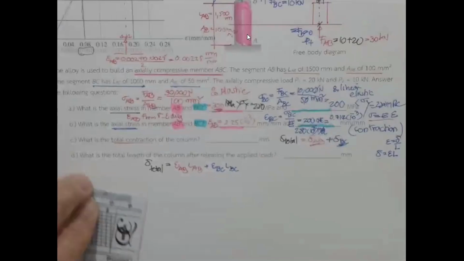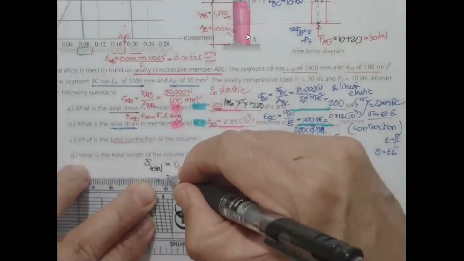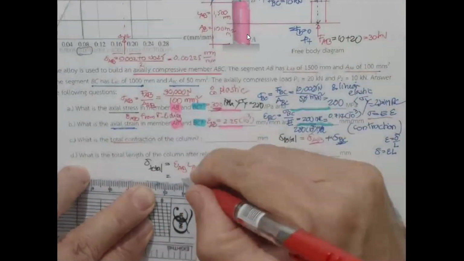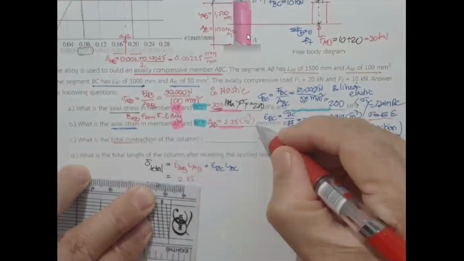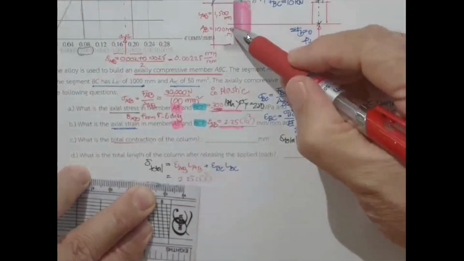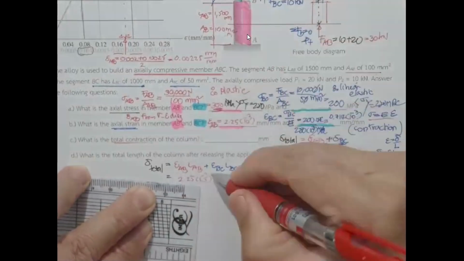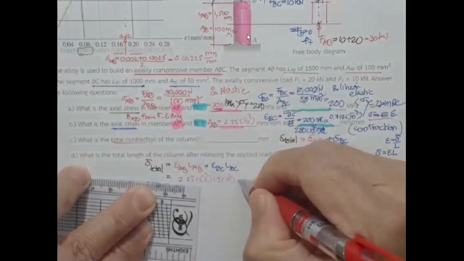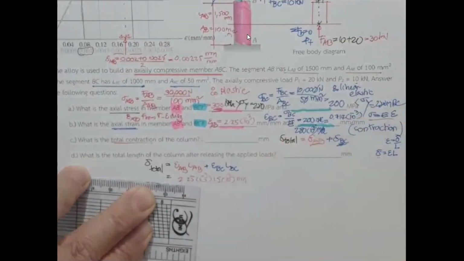Okay, and then just put everything together. This is going to be 2.25 times 10 to the minus 3. L sub AB is over here, 1.5 times 10 power 3 millimeter.